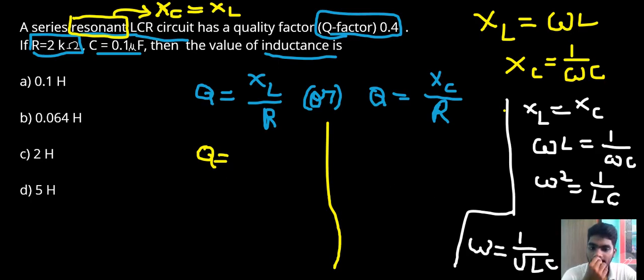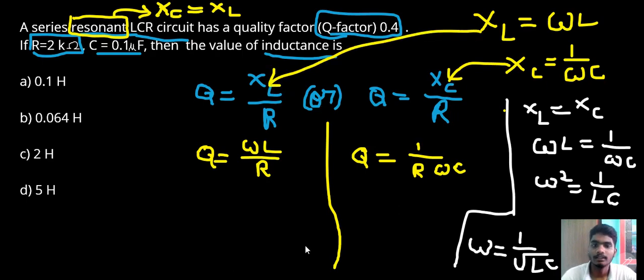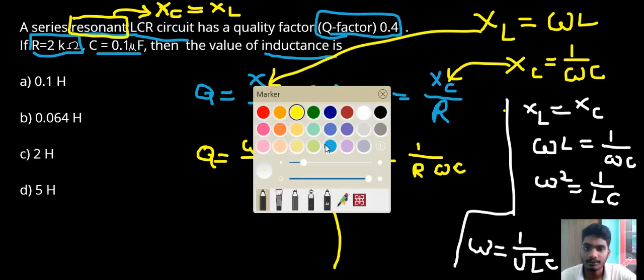Here I am going to write the value of XL, which is omega L, divided by R, and as well as XC, the value of XC is 1 by omega C, divided by R. When you substitute here and here, I'm going to continue the equation.